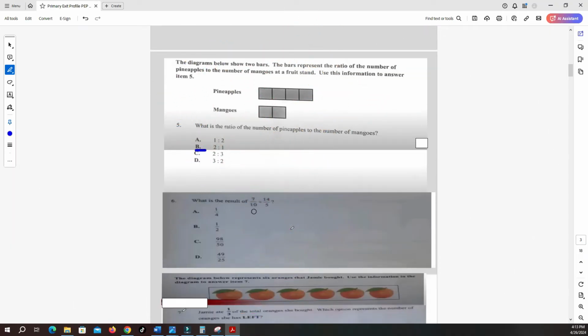What is the result of 7 over 10 divided by 14? Okay, this is a little tricky. So if my memory serves me right, we don't divide fractions, so it's going to be multiplication, and what's the word again? Reciprocate, something like that.